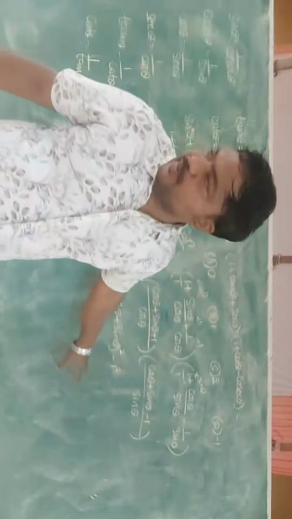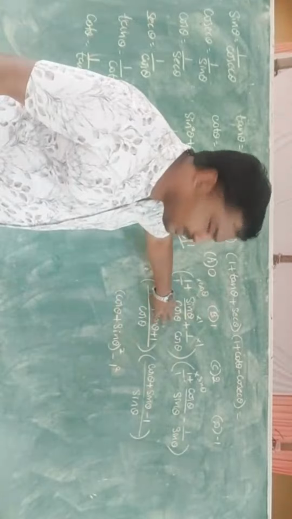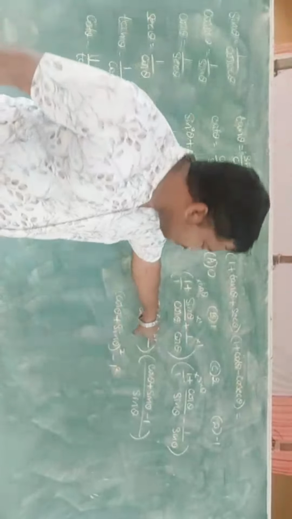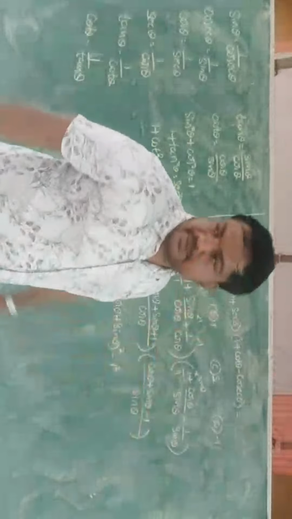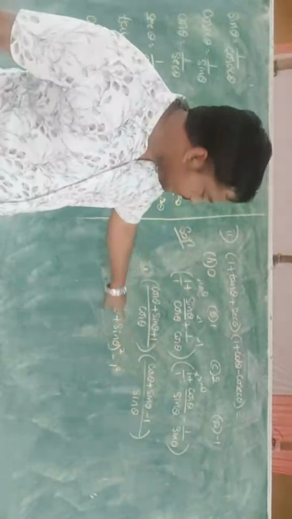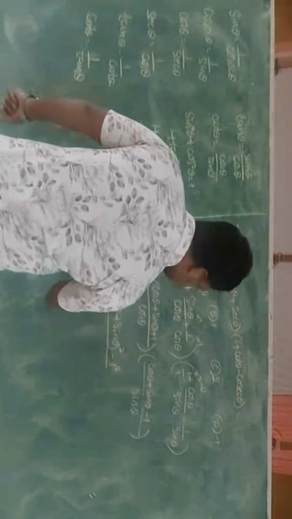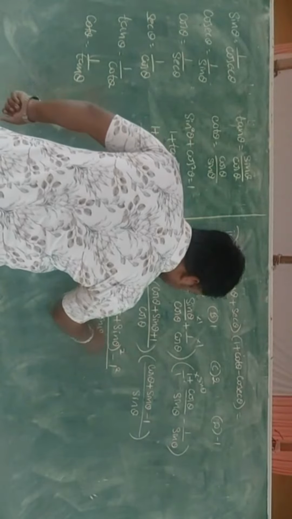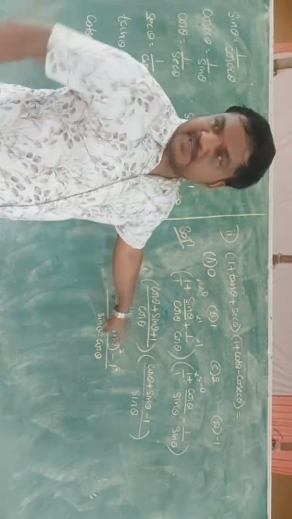The expansion of A square minus B square is A plus B into A minus B. So this whole term cos theta plus sin theta you can consider as A and 1 as B. So A plus B into A minus B is nothing but A square minus B square. And the denominator write as it is, that is sin theta into cos theta. See the numerator: cos theta plus sin theta whole square is in the form of A plus B whole square.